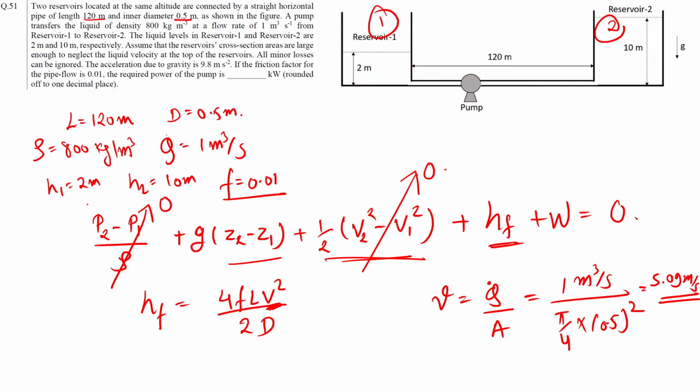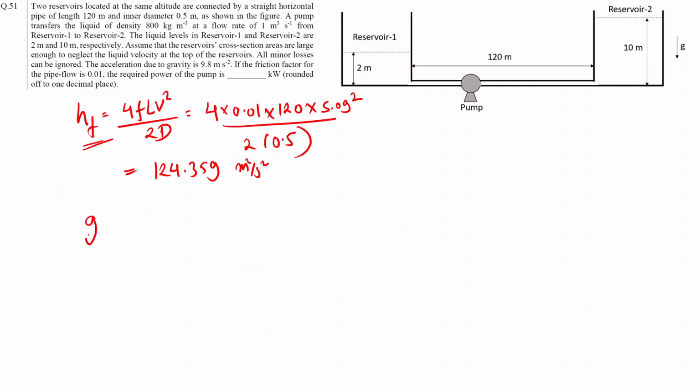So we have g into Z2 minus Z1, that is basically 10 minus 2, that will be 8 meter, plus HF plus W. So HF we have calculated as 124.35, plus work done is equal to 0.